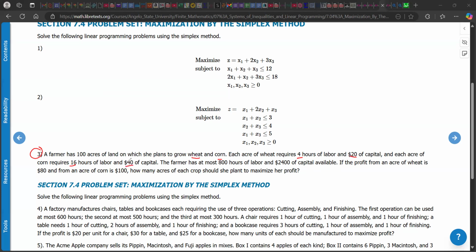You need $40 of capital to do it. He has a cap on how many hours he has available and how much money he has available. So these are the constraints really. And then you get some profit information here. And so you want to know how many acres of each crop to plant, okay?